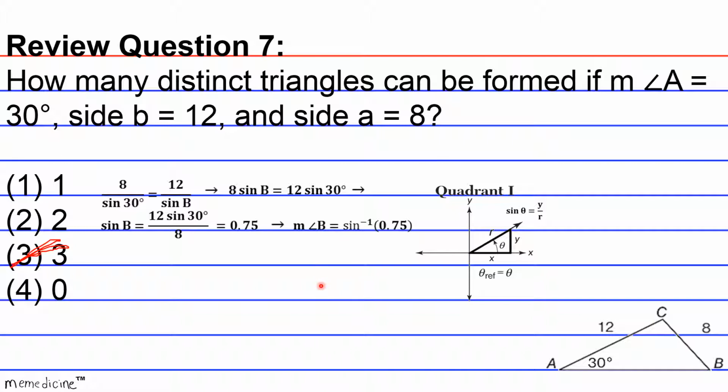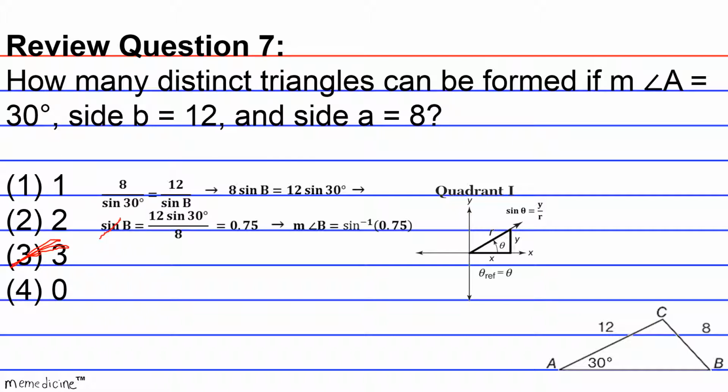So here we are using our inverse sine function because we're left with the sine of b is equivalent to 0.75, and when we take the inverse sine, we undo the sine function. So let me just cross that out to show you what I mean.